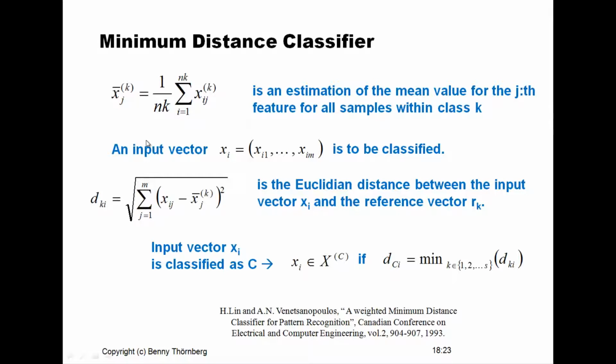Then an input vector comes into the classifier, the vector to be classified. What we need to do is to compute the distance to all the reference vectors R_k. We compute the distance d_ki according to this formula. We do it with respect to each one of the features, and we compute the Euclidean distance.